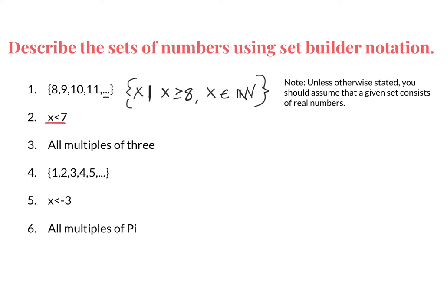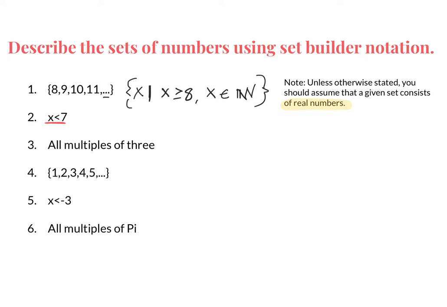So in this other example, we have x is less than or equal to 7. So we're basically talking about the real numbers. If we're not specifically given any indication about whatever set we're talking about, we are going to assume that we are talking about the real numbers.